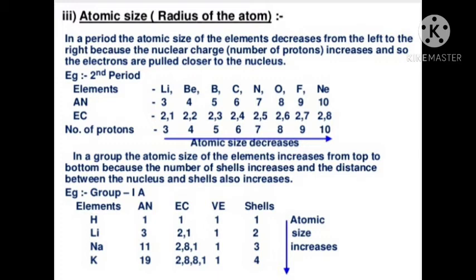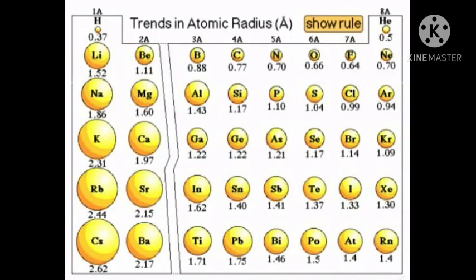Potassium, atomic number 19, electronic configuration 2, 8, 8, 1, the valence electrons 1, shells 4. Here the atomic size increases. See the trends in atomic radius.